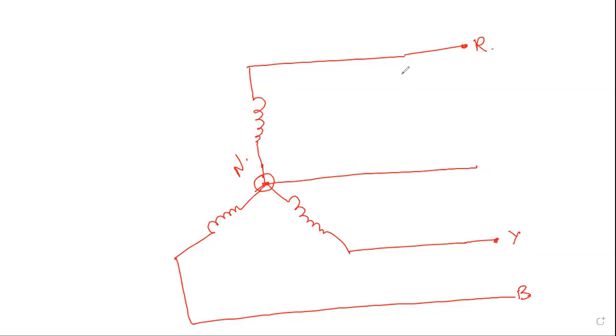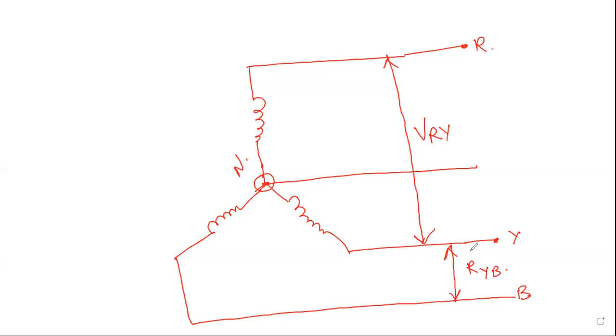Between the lines, that means R and Y, I have a voltage. And between Y and B, I have a voltage. So this is one voltage, which I can call RY. I can call this YB.